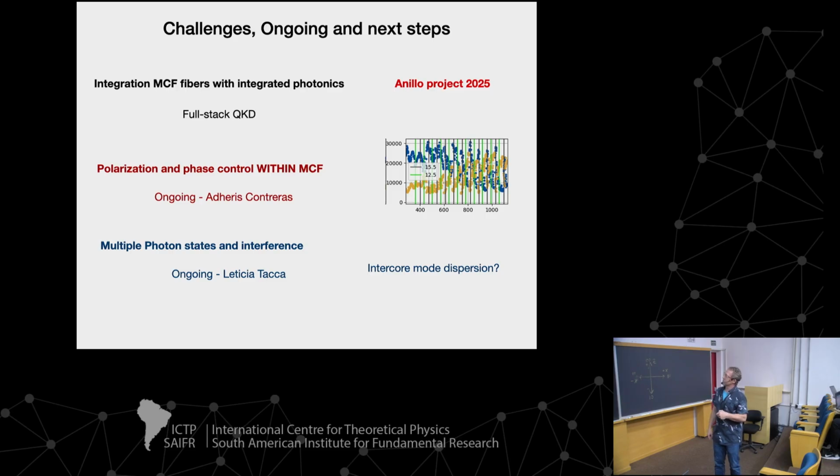One of the problems that can appear here is that you have different modes, a spatial mode corresponding to each core of the fiber, and so you should have some mode dispersion between them. Meaning that when you send a pulse of light through each core, the delay it feels is different, and it depends on imperfections in the core. It's a statistical thing, something like polarization mode dispersion, but it's actually the intercore mode dispersion.